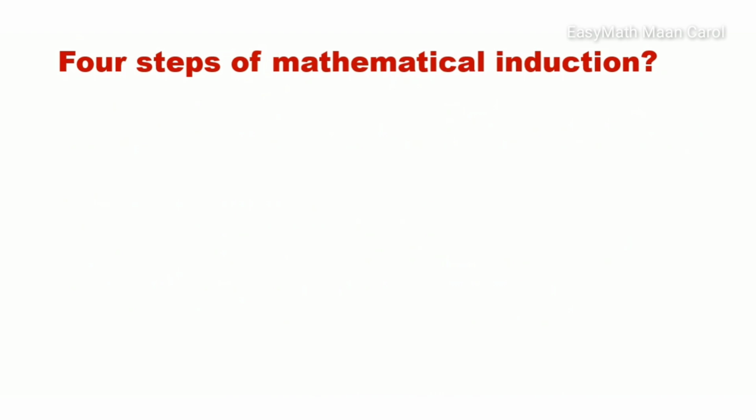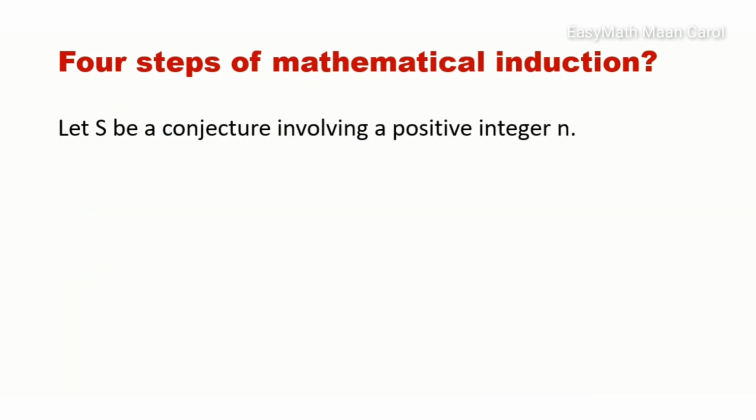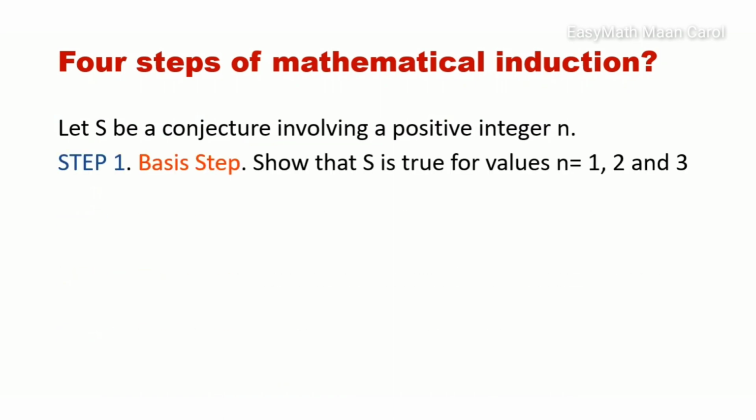So, pagdating naman dun sa formal proof ng mathematical induction, meron tayong 4 na steps na susundin. So, sabi dito, let S be a conjecture involving a positive integer n. Step 1, the basis step. Show that S is true for values n equals 1, 2, and 3.